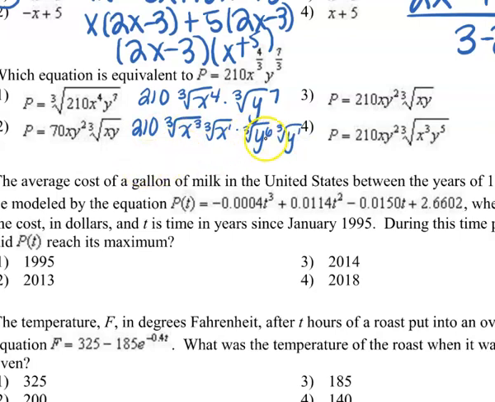Cube root of y to the 6th is y squared, because I'm just dividing by 3. So I have 210 xy squared, but then don't forget you had that leftover cube root of x times the cube root of y, which is the same thing as the cube root of xy, which is option 3.